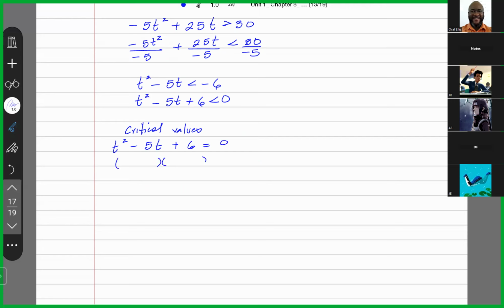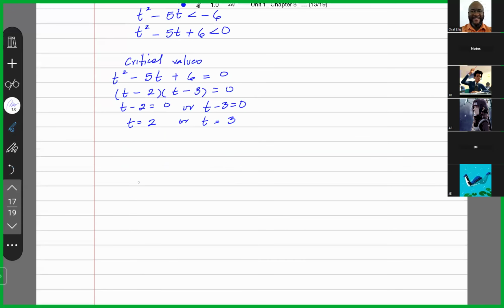Factorizing, I get 3, 2, minus, minus. So t minus 2 is equal to 0, or t minus 3 is equal to 0. So t is equal to 2, or t is equal to 3.